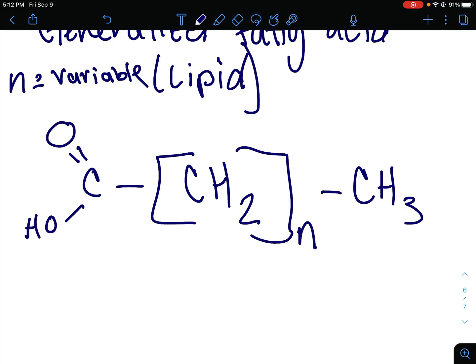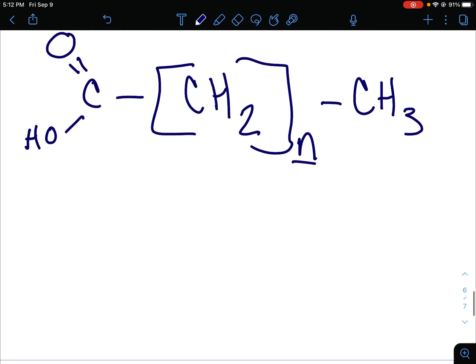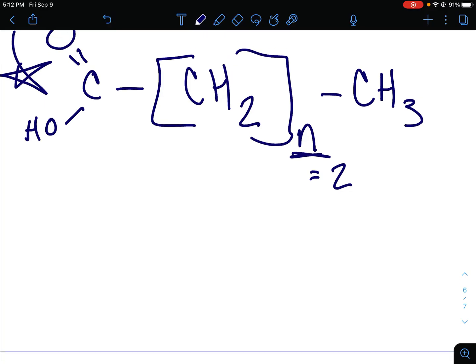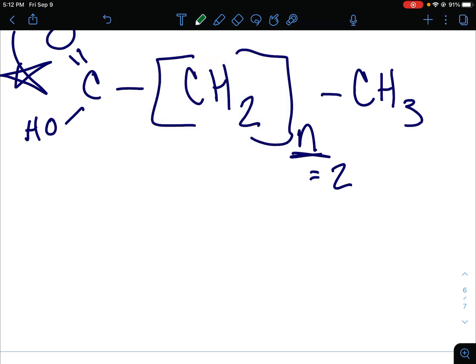Okay, so I'm going to draw this assuming that N is equal to 2, just so that you can see what it would look like fully, but this is what you would have to draw, okay, on like an exam. So the example that I'm talking about here is, let's say we had CH2 repeating twice. So we would have 2 carbons bonded to each other. They would each have 2 hydrogens on them.